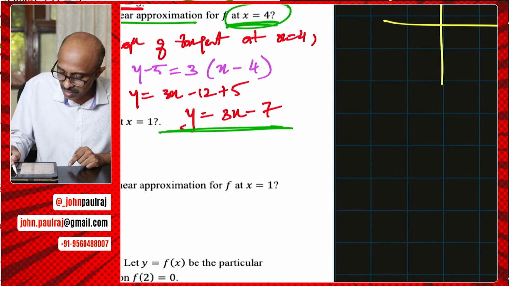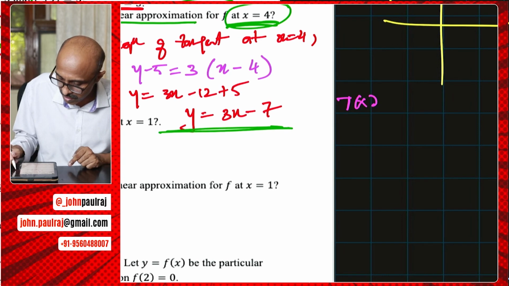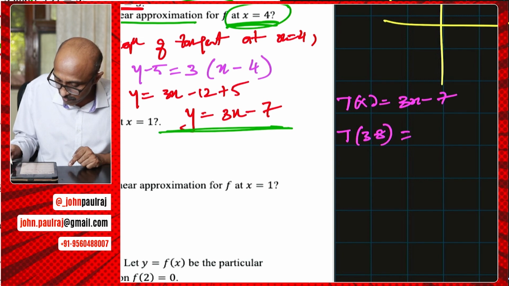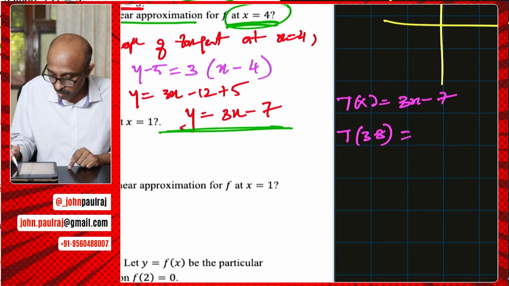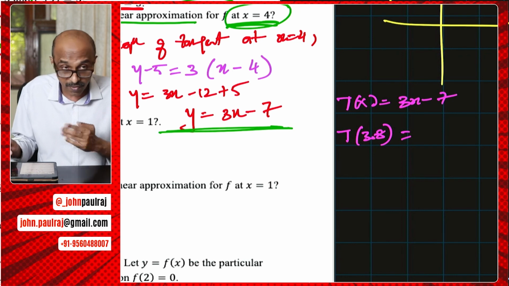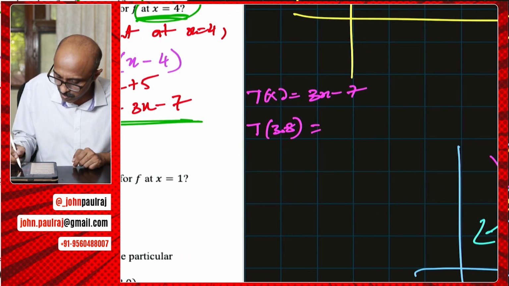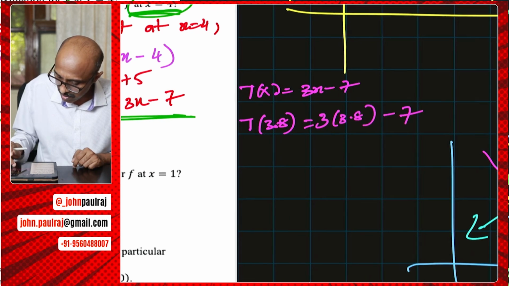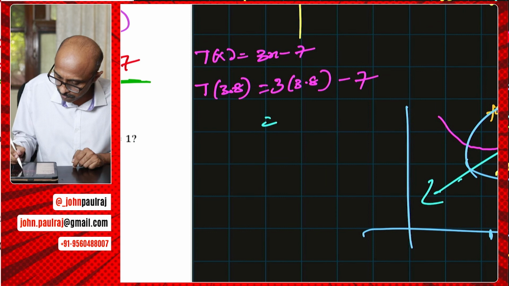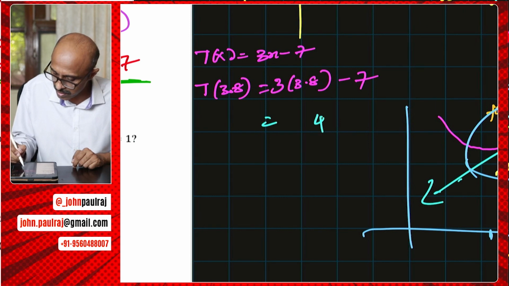So the equation of the tangent is T of x equals 3x minus 7. So T at 3.8 is what we're trying to find out. Again, we could jump to the calculator for this kind of thing, but we'll try to do it without the calculator. It's a simple multiplication: 3 times 3.8 minus 7. 3 times 8 is 24, 3 times 3 is 9 and 2 makes 11.